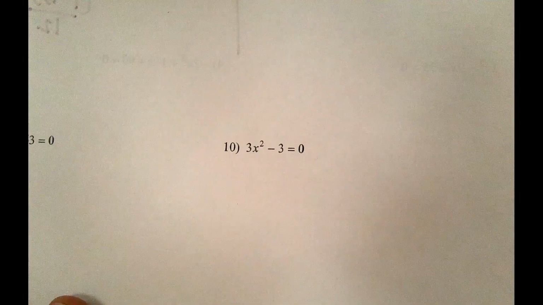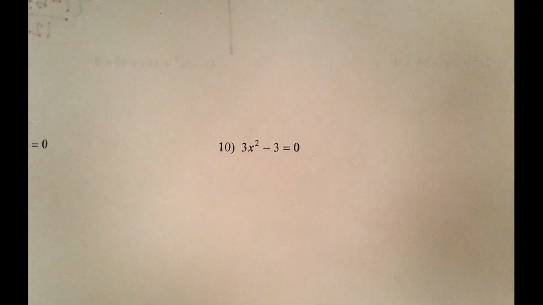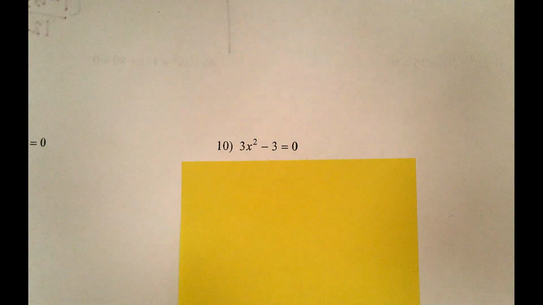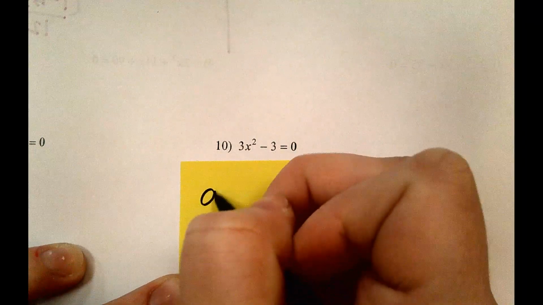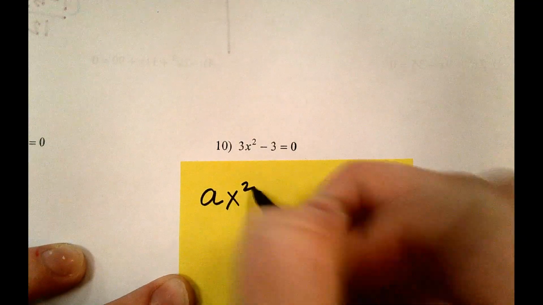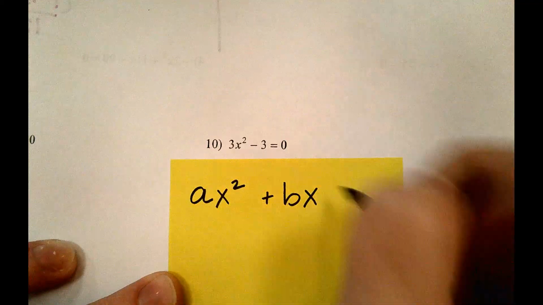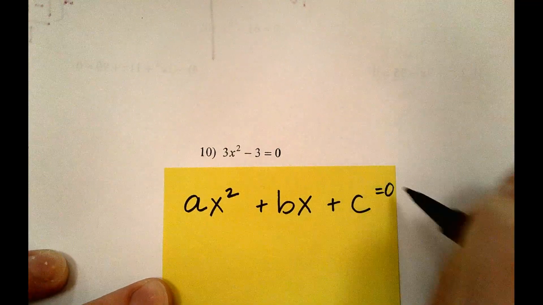Okay, so on this problem, we are going to want to think back to what a quadratic equation is set up like. So I'm going to write on a sticky note how a quadratic equation is structured. Remember that this is how it usually is. We have ax squared plus bx plus c, and then we have our equals 0 at the end.